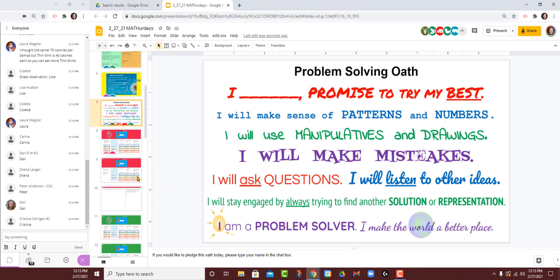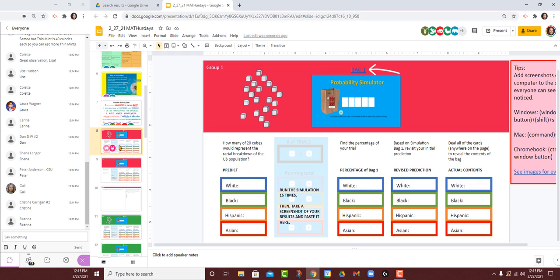All right, folks, in just a minute, you'll be in breakout rooms, but I thought I would start off by just showcasing some of the things that are on your breakout room slides. So what you're going to be looking at today is 20 little cubes, and they're going to represent the entire U.S. population. So instead of having all these people, we're going to sum it down to just 20 cubes.